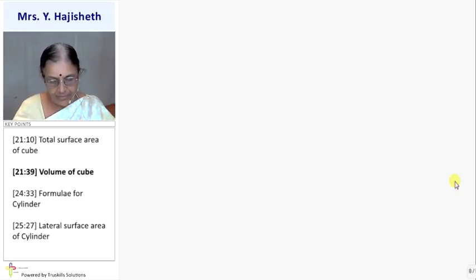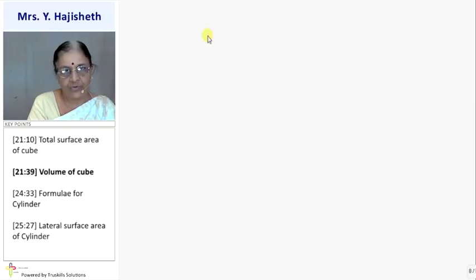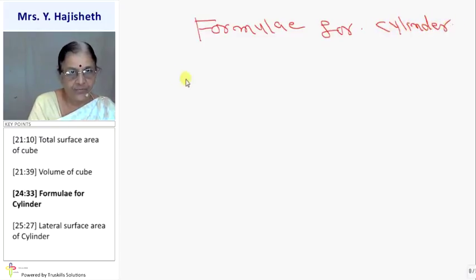After cube and cuboid, we do the formulae for all 3. We are talking about formulae for cylinder. What is the shape of the cylinder? You know how you can draw a cylinder.